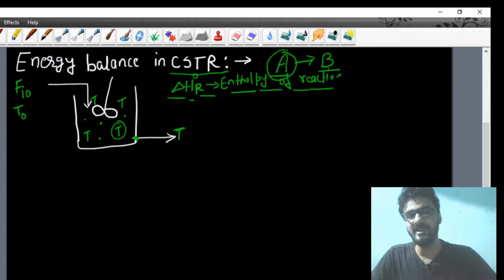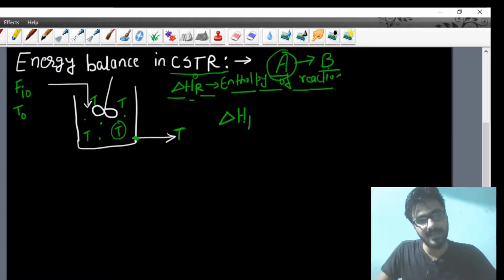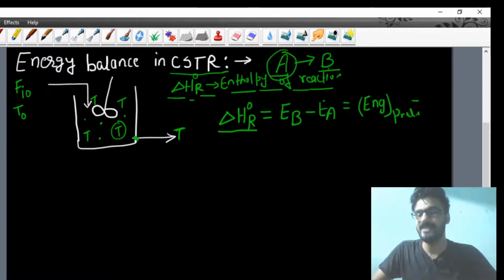So you can define the enthalpy of reaction, delta H of R. Generally the standard enthalpy of reaction, delta H naught of R, is equal to the enthalpy of product B minus the enthalpy of reactant A. Means you can define it as the energy of product minus the energy of reactant, generally product minus reactant.